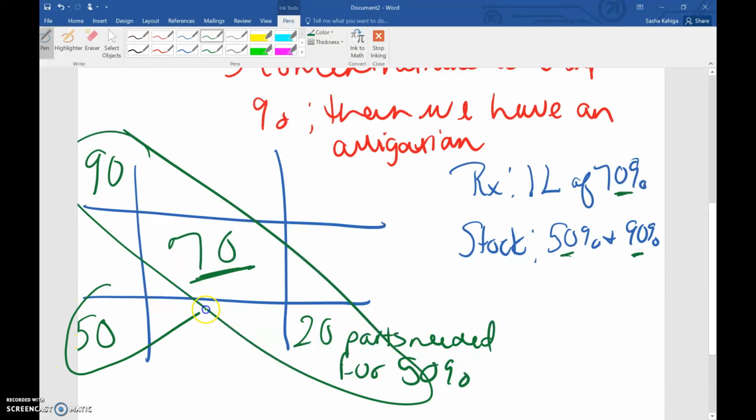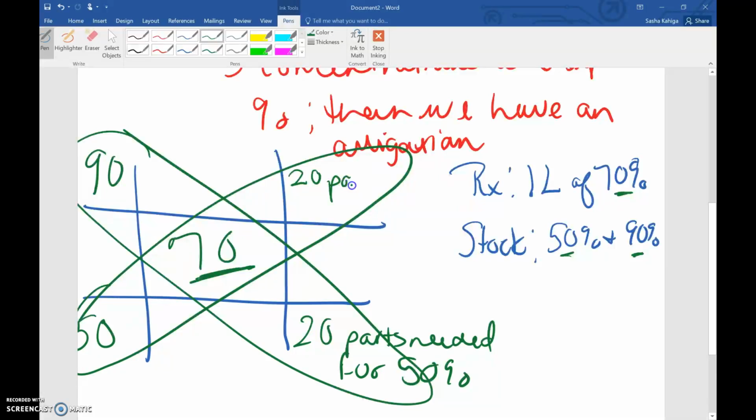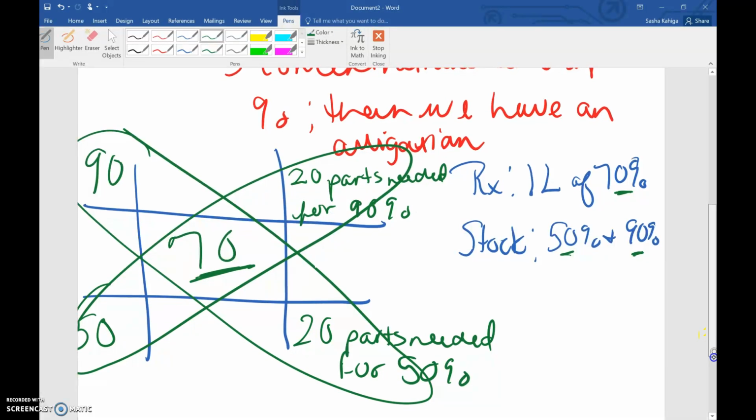Now I'm going to subtract 50 from 70. 50 from 70 gives me what? 20 parts. Even though it's a negative, we always work with what? Absolute values. So that means there's 20 parts needed for the 90%. All right.